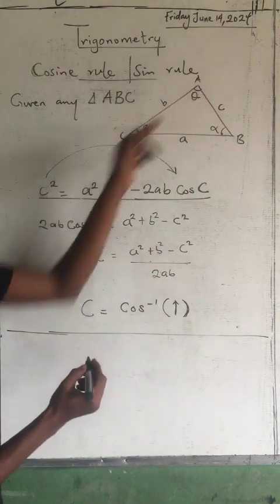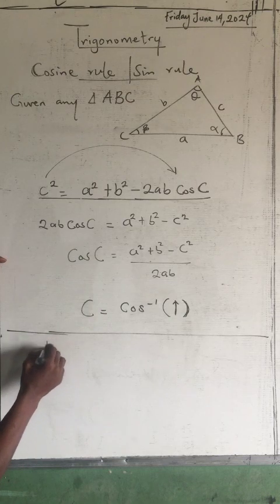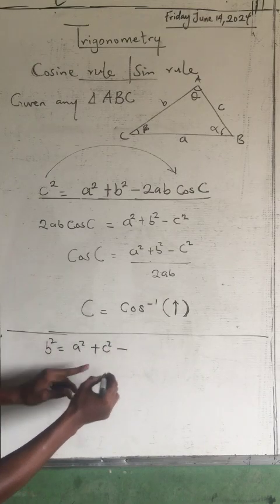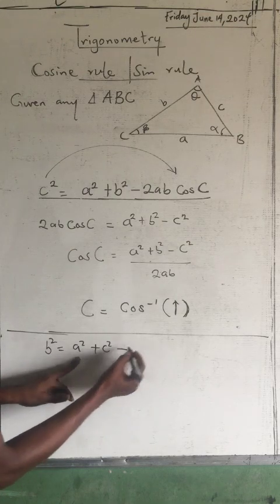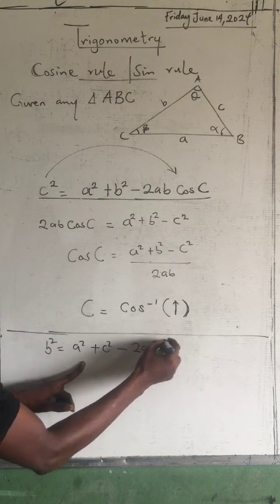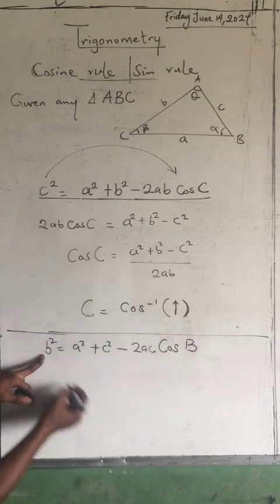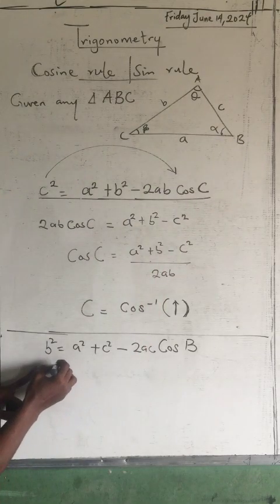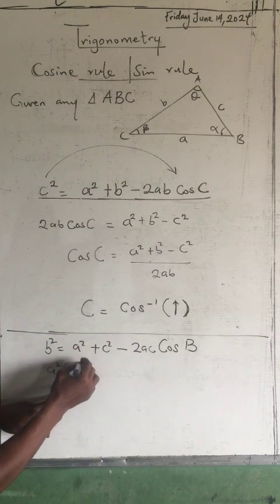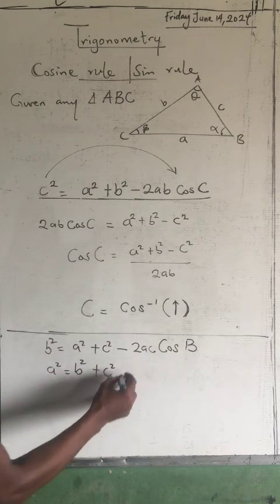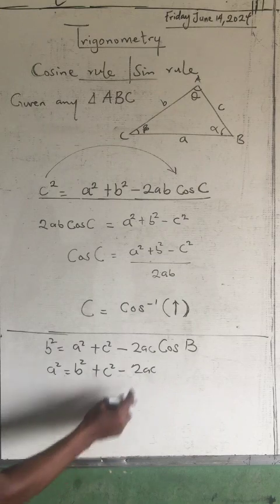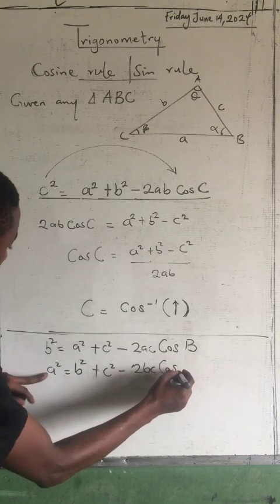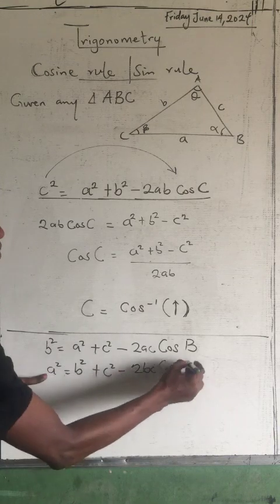So if I'm looking for side b, I'm just going to follow the same pattern, and that's going to be b squared equals a squared plus c squared minus 2ac cos B. And if it is this one you are looking for, that's going to be a squared equals b squared plus c squared minus 2bc cos A. Cos of the angle of the side you are looking for.